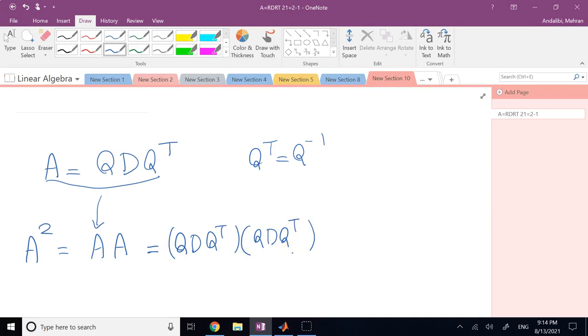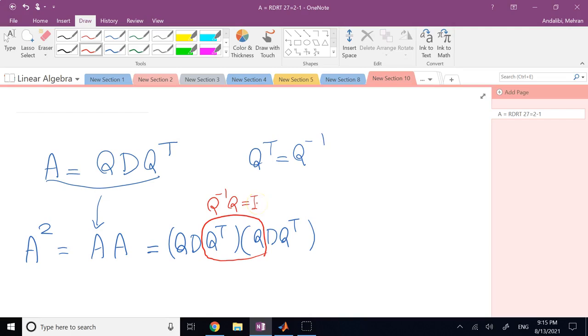So what would you get? You can multiply these two matrices together here. Well, Q transpose Q, remember transpose is the same as inverse. So this is going to be the same as Q inverse times Q. And Q inverse times Q is the identity matrix. And you know, identity multiplied by anything is the same thing as it was.